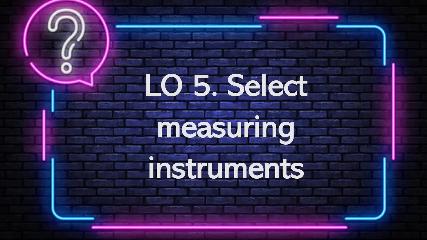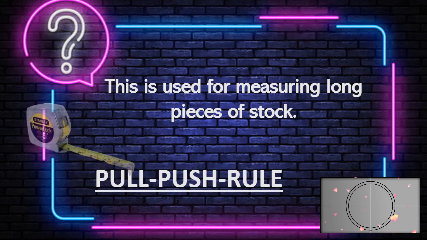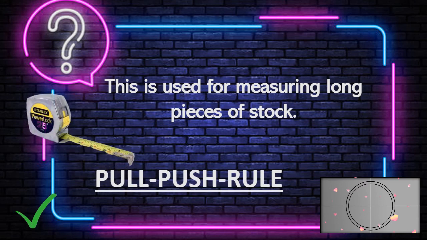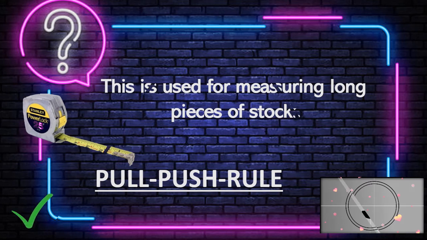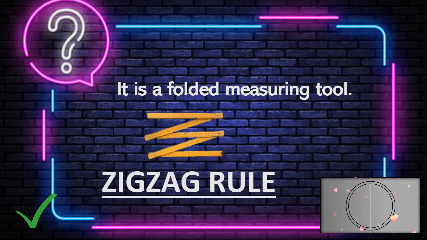Learning outcome number 5, select measuring instruments. This is used for measuring long pieces of stock. Very good. It is a folded measuring tool. Very good.